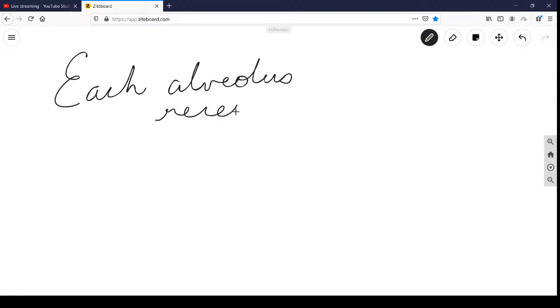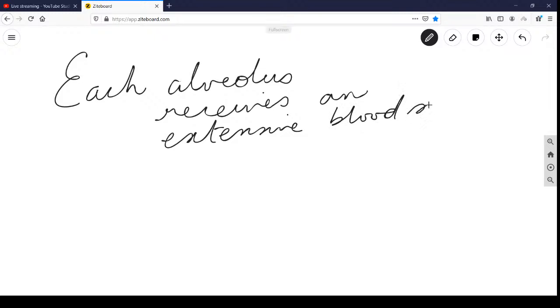Now, each alveolus receives an extensive blood supply.